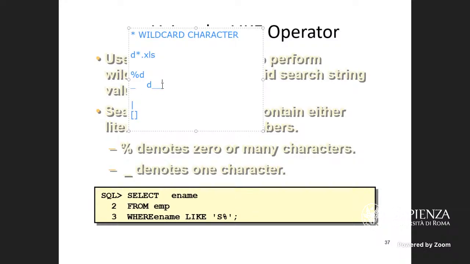So when I search for this, the result set it will give me has to have D in front of it. The first one can be A to Z, can be 0 to 9, can be any character.